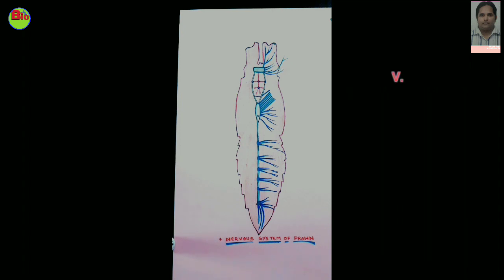Then fifth, tegumental nerves, which are slender and arise behind the antennary nerves. They innervate the labrum. Second, a pair of small mandibular nerves arise from the outer side of each circumesophageal connective and supply the mandible.